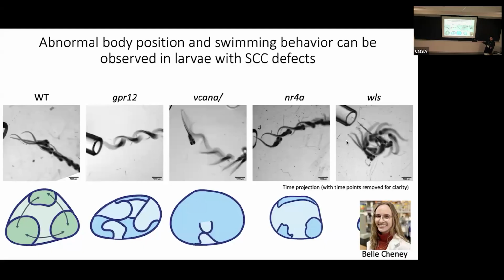So we can startle the fish, and a wild type fish would correct itself when we startle it. There are different ways to startle a fish. But if you have mutants where either the canals are absent or smaller, then they exhibit these circling behaviors, which is very reflective of their oversensitivity if the canals are wider or misshapen.